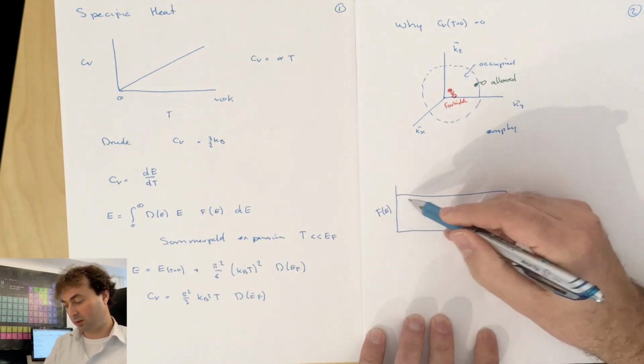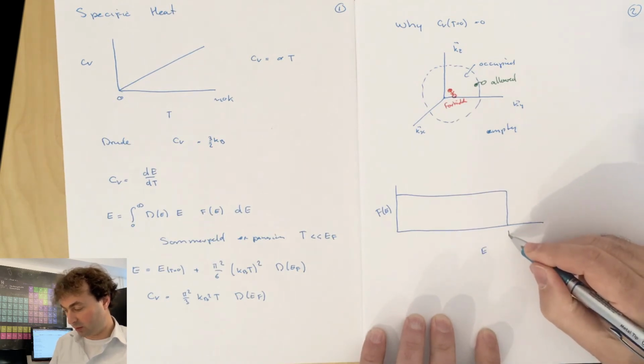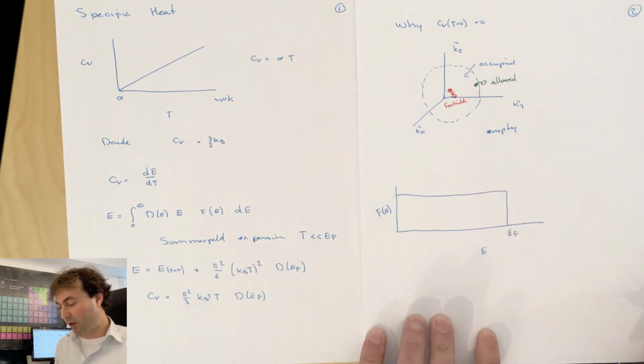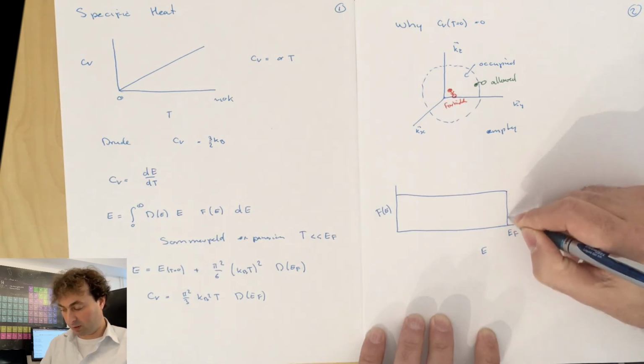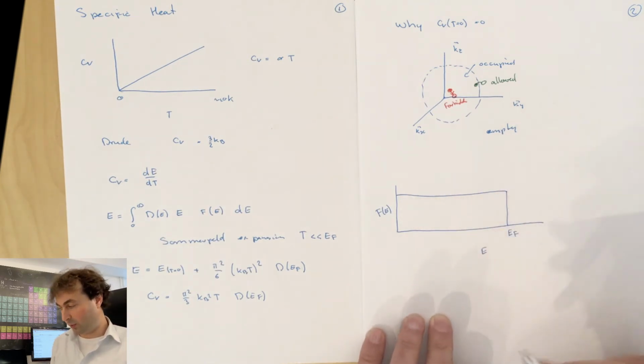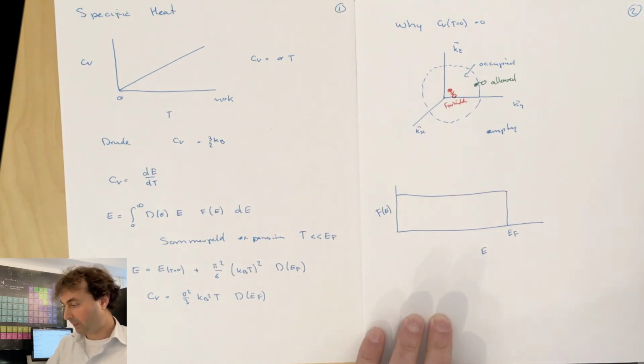This is just 1 below the Fermi energy and 0 above, and the number of electrons that can excite is given by this line, which is 0 compared to the total number that I have.